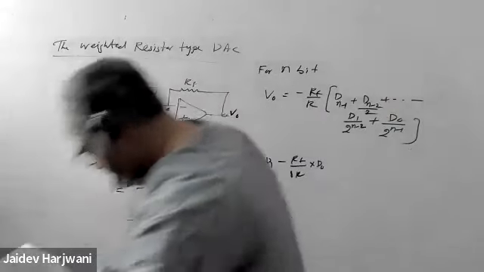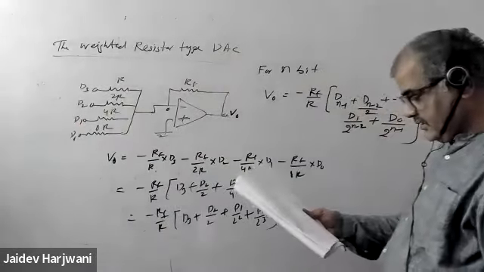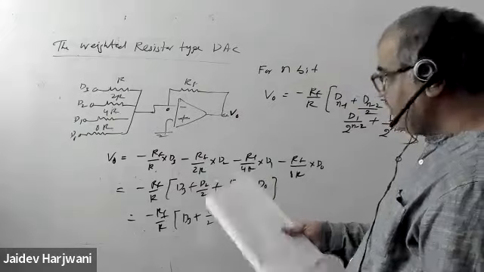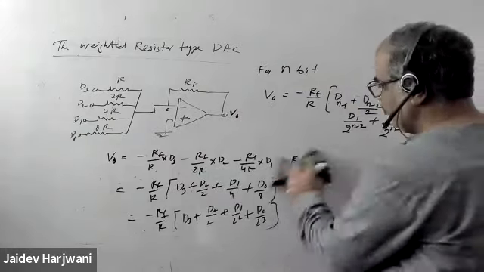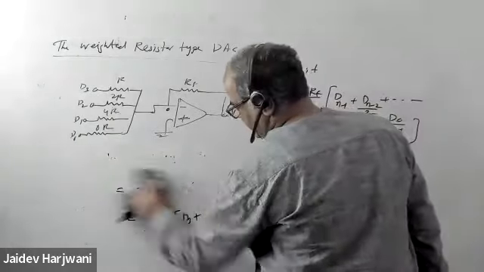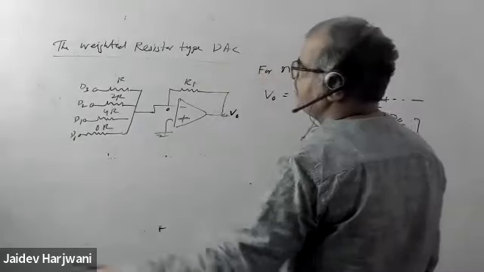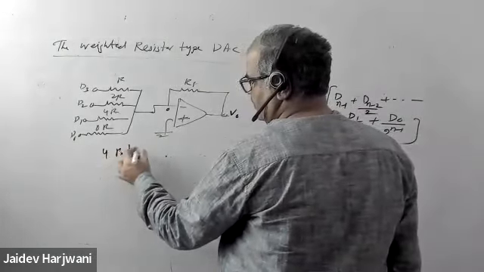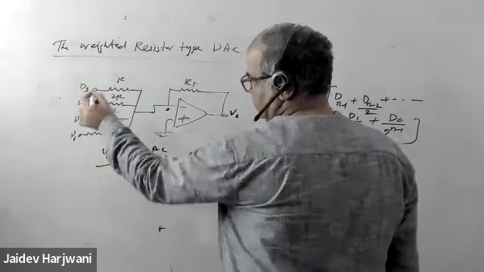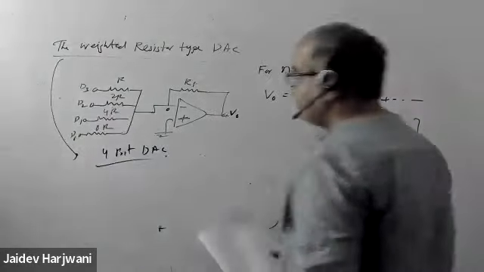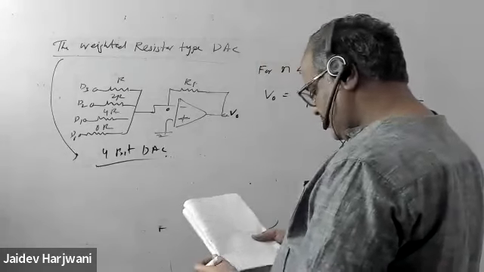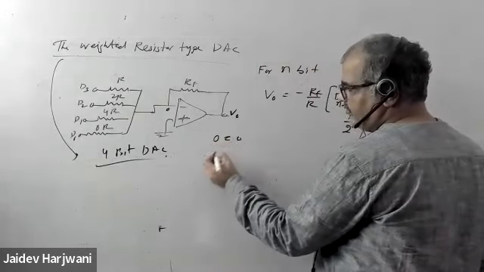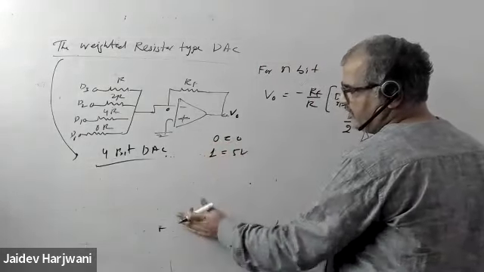Okay, now for example you have a 4-bit counter, this type, weighted register type. You have been given 0 equals 0 volt and 1 equals 5 volt.